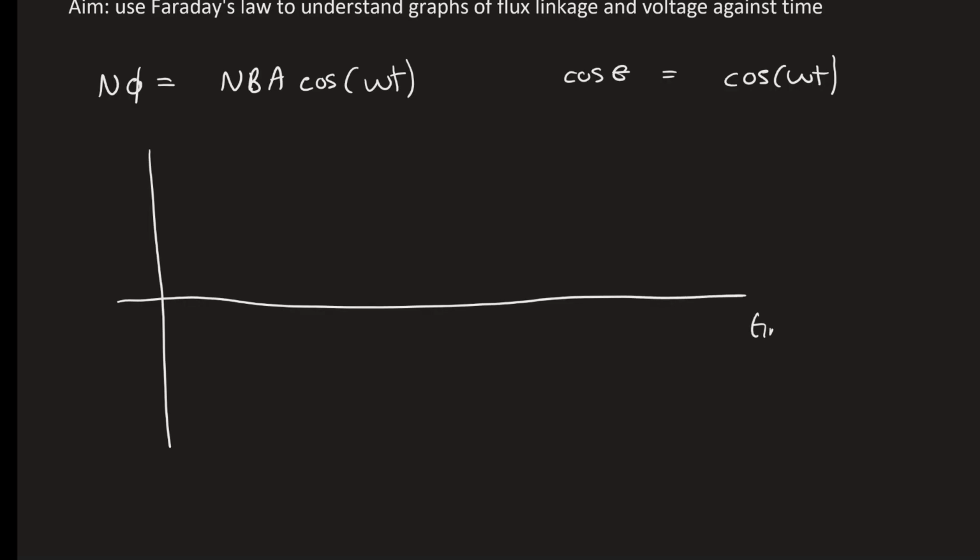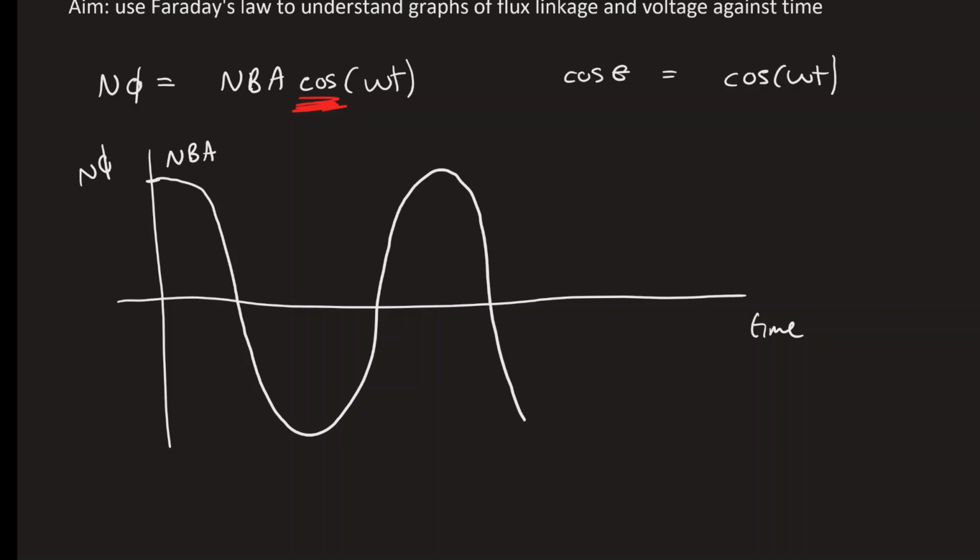So we've got time on the horizontal axis, and then we've got flux linkage NΦ on the vertical axis. Well, this follows the cos graph, and it's just scaled by NBA, so its magnitude is NBA, and as it's cos, it's going to start at its amplitude, it's going to start high, and then follow the sinusoidal shape.